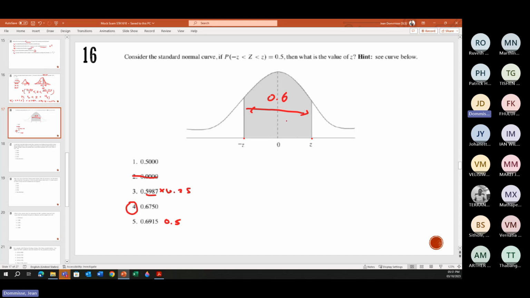So then again, we know that this area is 0.3, this area is 0.3. What is left is those two areas, that's together 0.4. And again, it's symmetry. So this one is now 0.2 and that one is 0.2. So now you would have gotten a probability that you needed to look for that is 0.8.